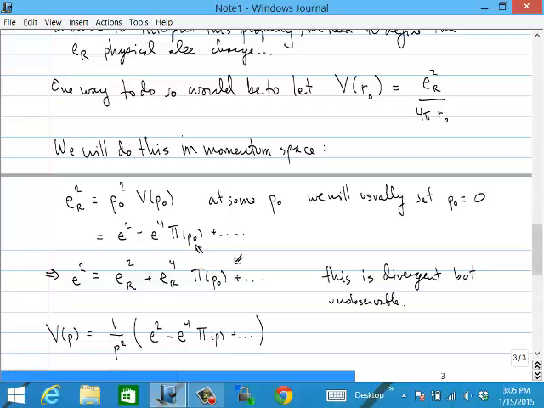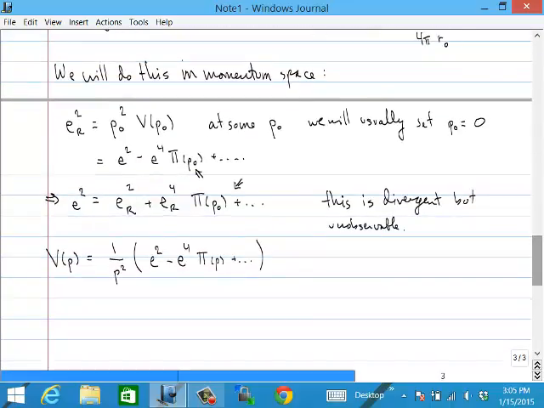And then you can just plug in our expression for e in terms of the renormalized charge. And you get 1 over p squared times e renormalized squared minus e renormalized to the 4th. And then we just have to include this correction term here in that expression for e squared.